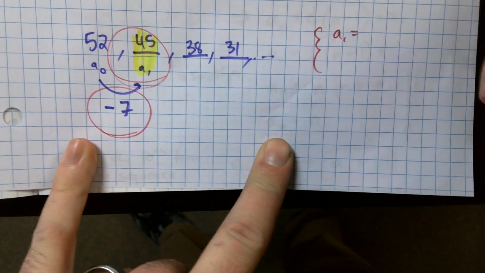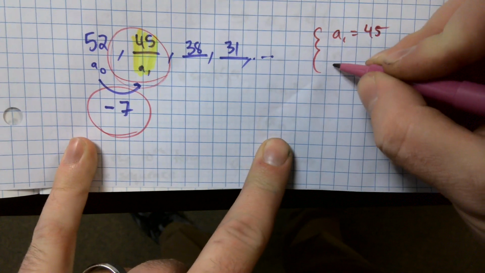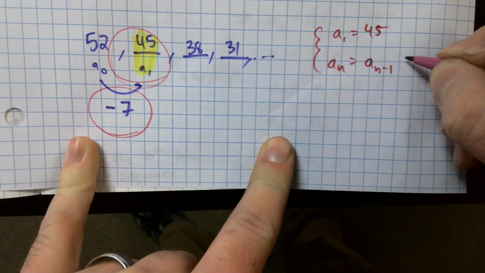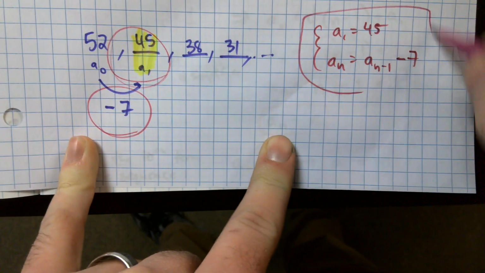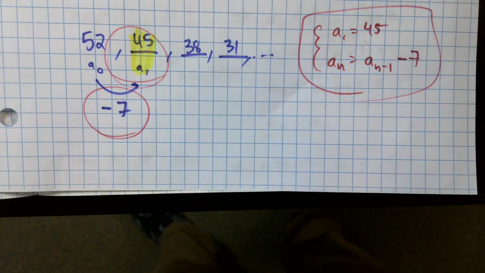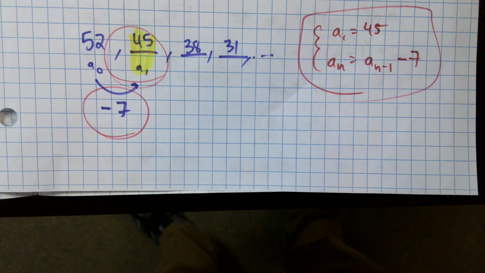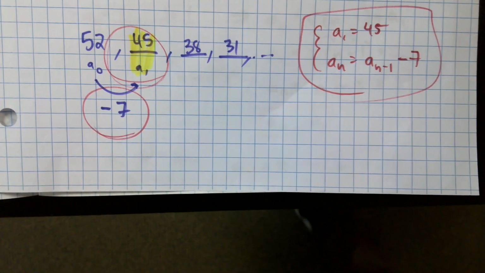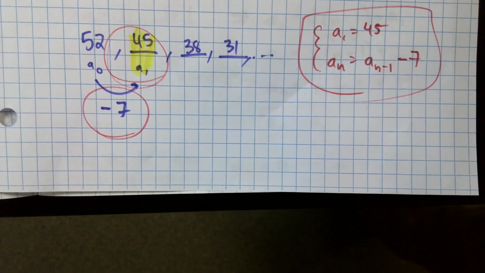I'm going to define what a sub 1 is. And I'm going to write the recursive formula a sub n is a sub n minus 1 minus 7. So when you see a function that looks almost like slope-intercept form, that's an arithmetic sequence that's just been simplified down.